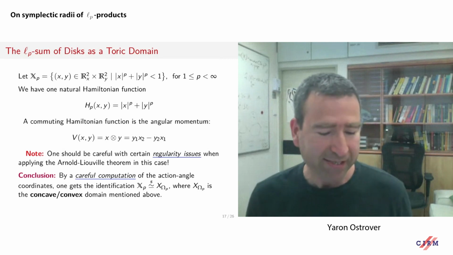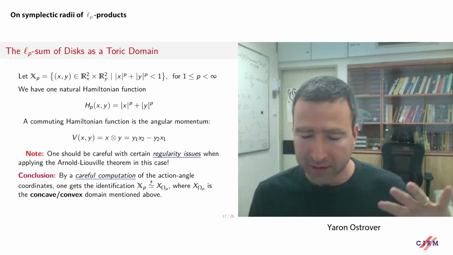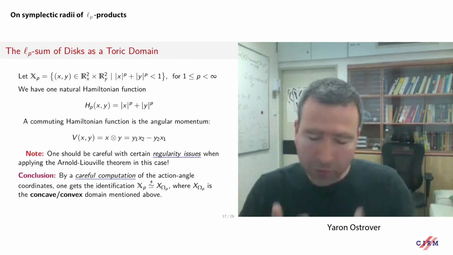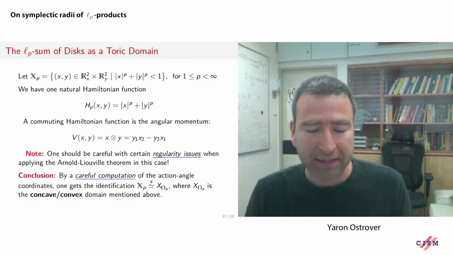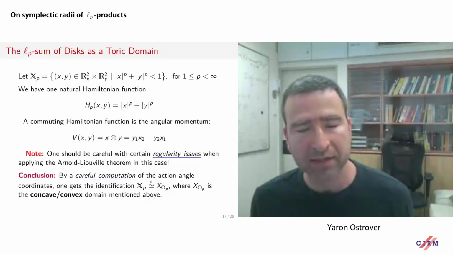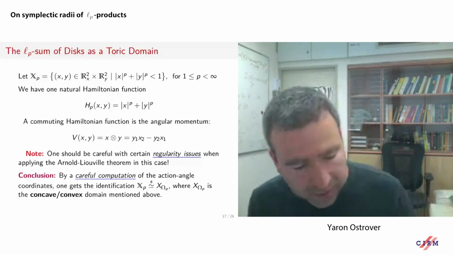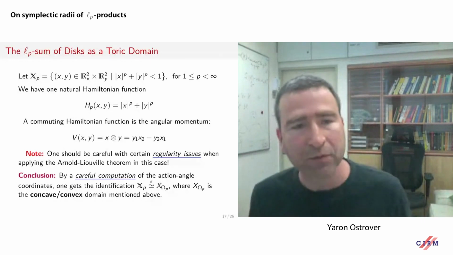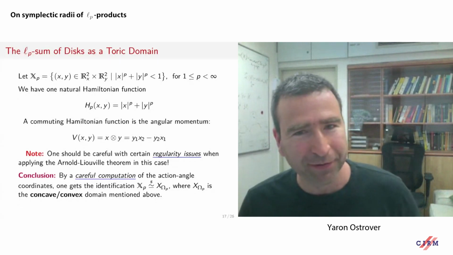So if you just look at the Lagrangian product or P sum of a domain and its dual, I don't think that it is an integrable Hamiltonian system, but there still is a possibility that it is a toric domain. I'm not sure if I answered your question.